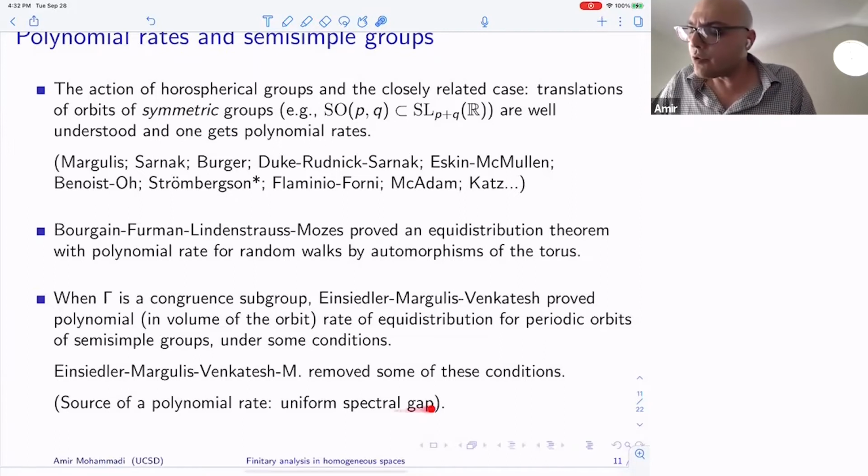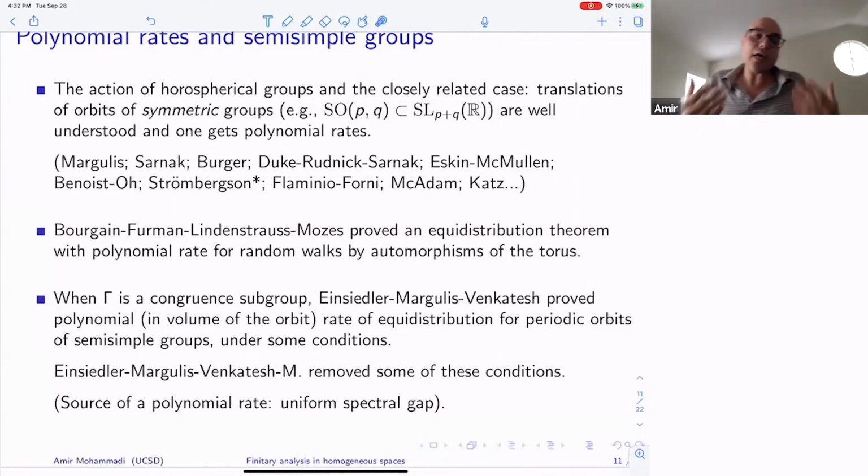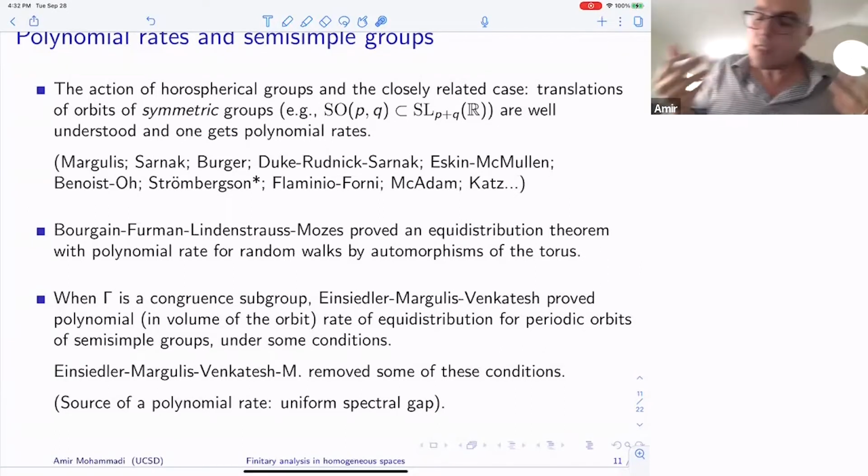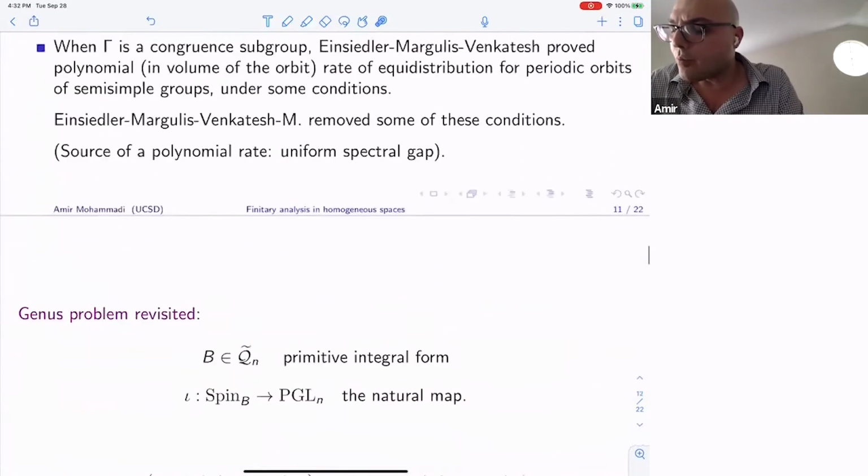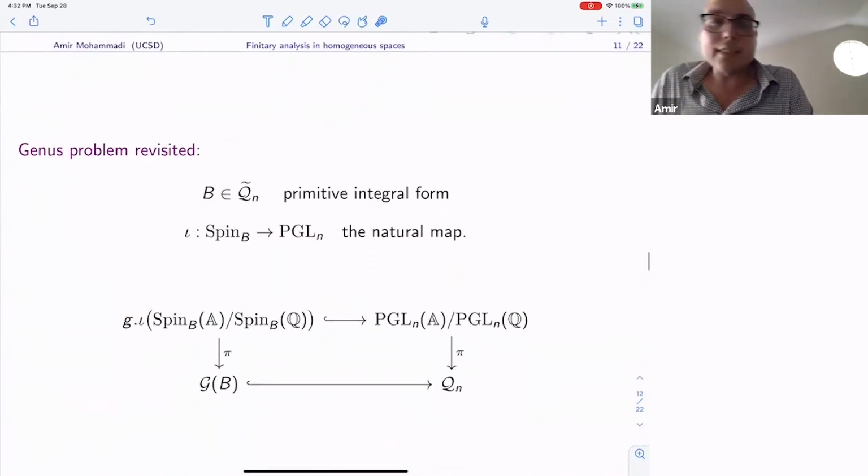And this crucial input is the uniform spectral gap. Again, property tau and others is used to get effective equidistribution for periodic orbits. And this is exactly what is used in the proof of the genus problem. So I don't want to state this, but I want to go back to genus and see how you can apply this to genus.